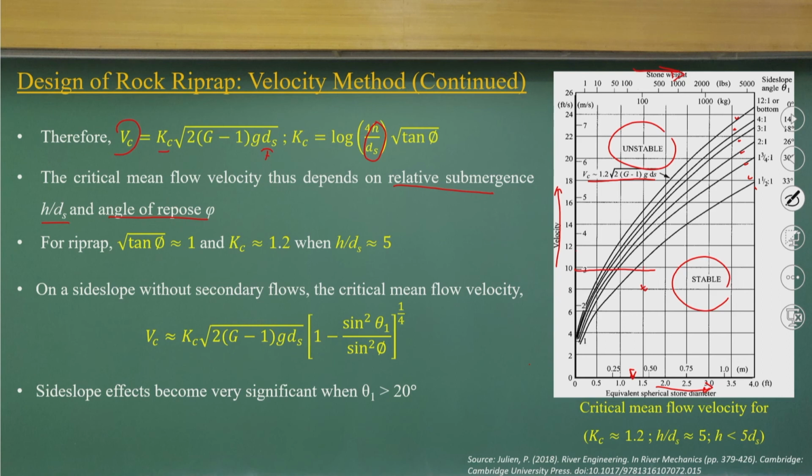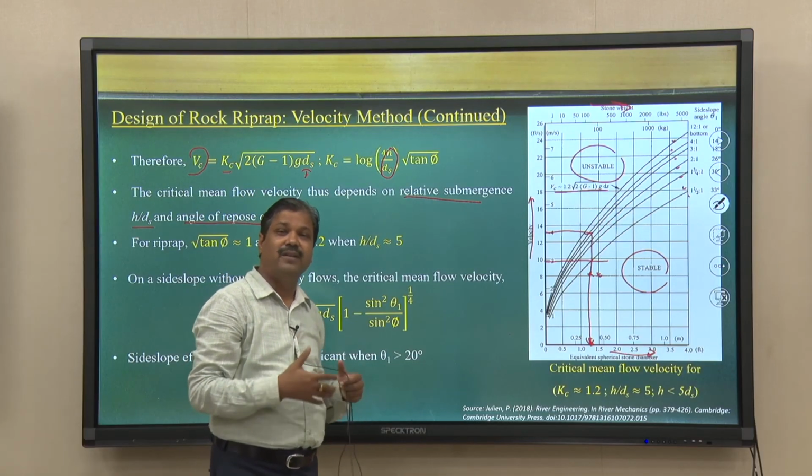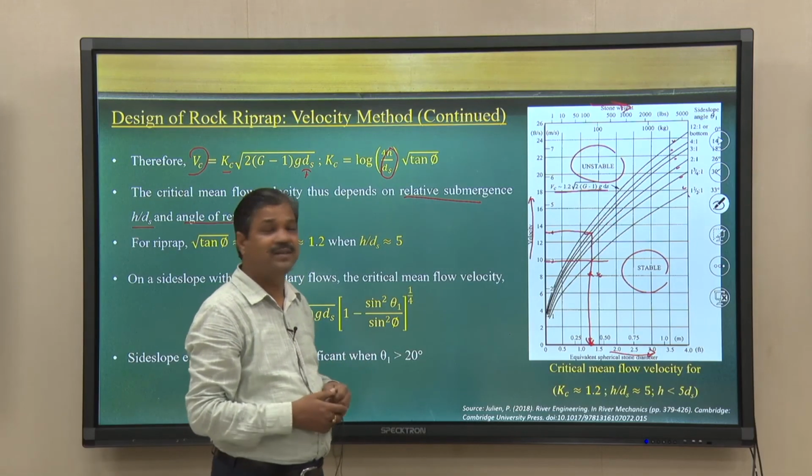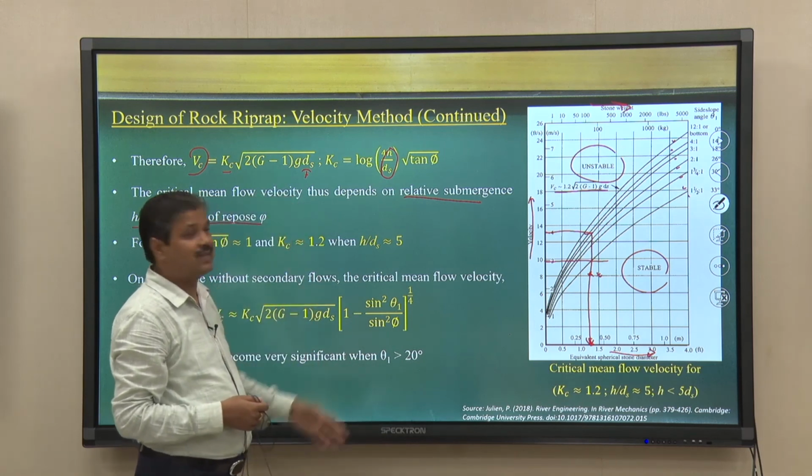So we can consider 4 meter per second as the velocity and the slope 2:1, and see what the case will be. So we can always look at the stable dimensions of the stone riprap from these design charts. These design charts are compiled from extensive experiments as well as empirical relationships and field experience.